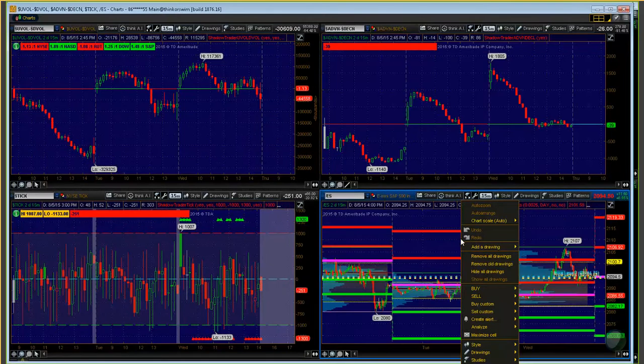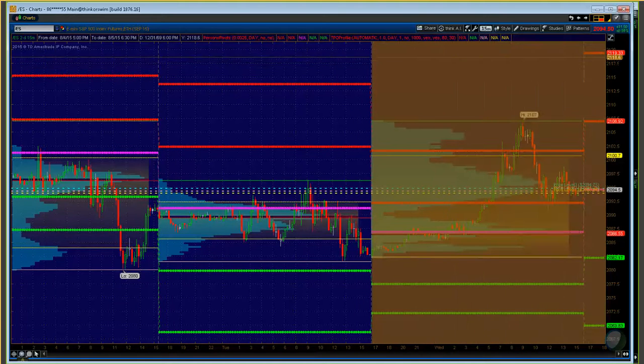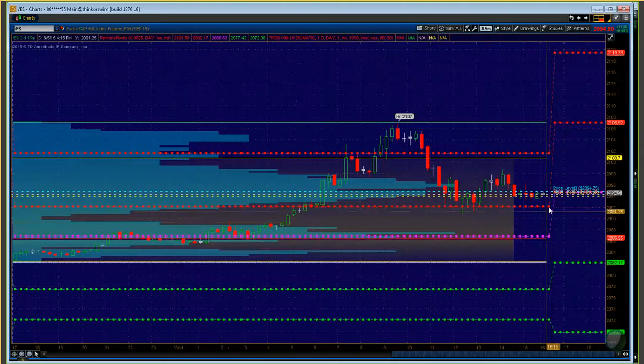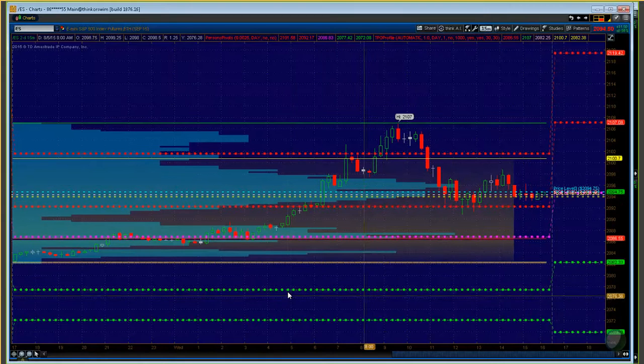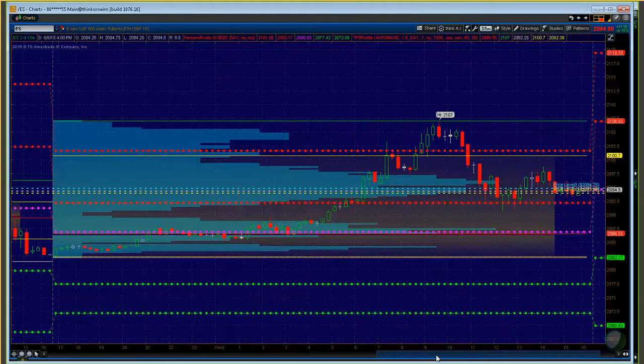So if we maximize the cell on Shadow Trader and go to our 15-minute chart, again, we can take a look and see what it's doing here. Again, we've got a strong support and resistance area right here. And we've projected it. In case some of you don't use TPO profile, this is a pretty slick deal.